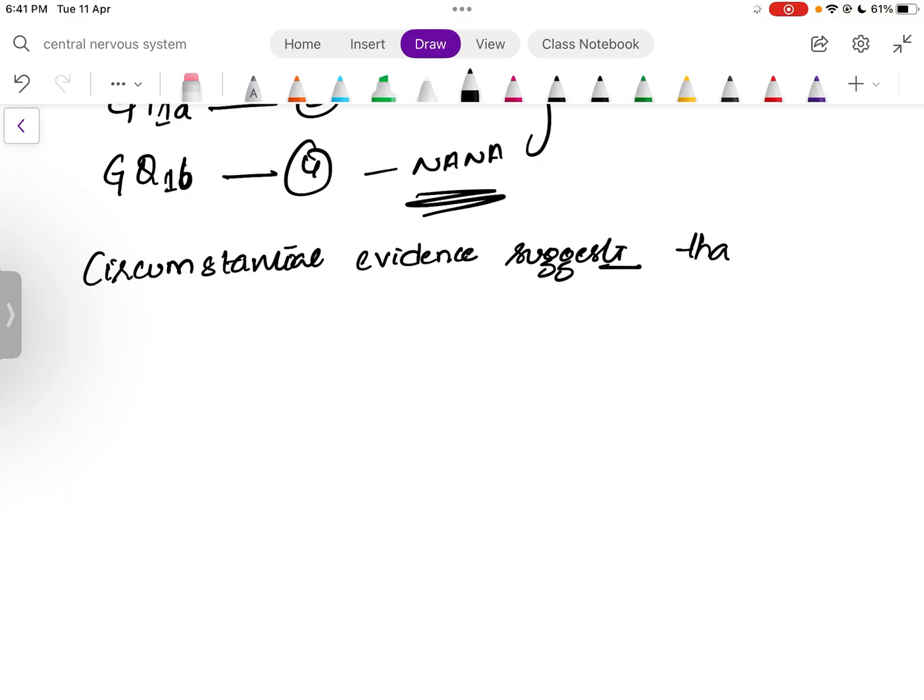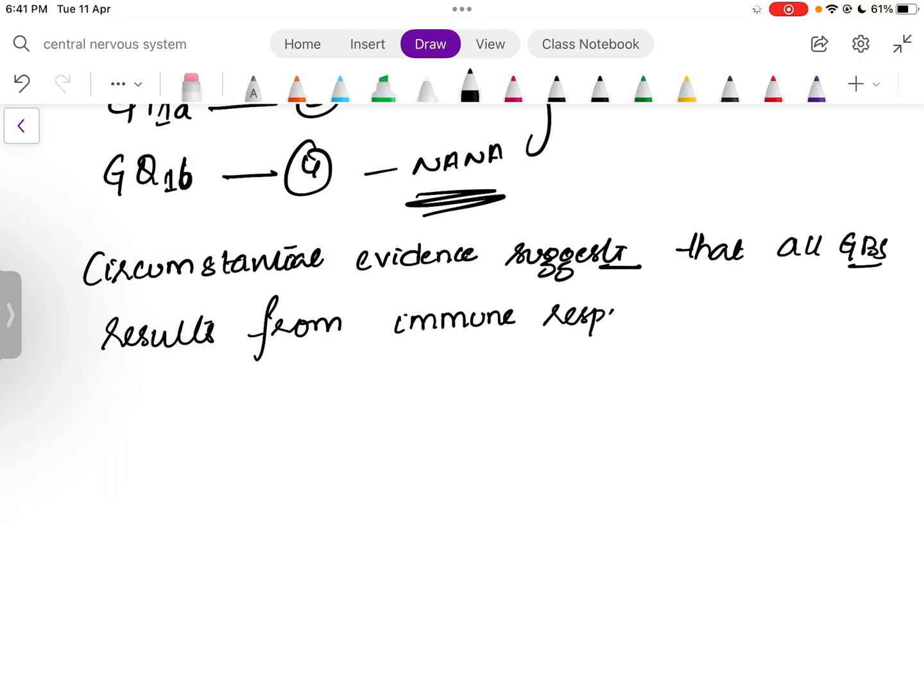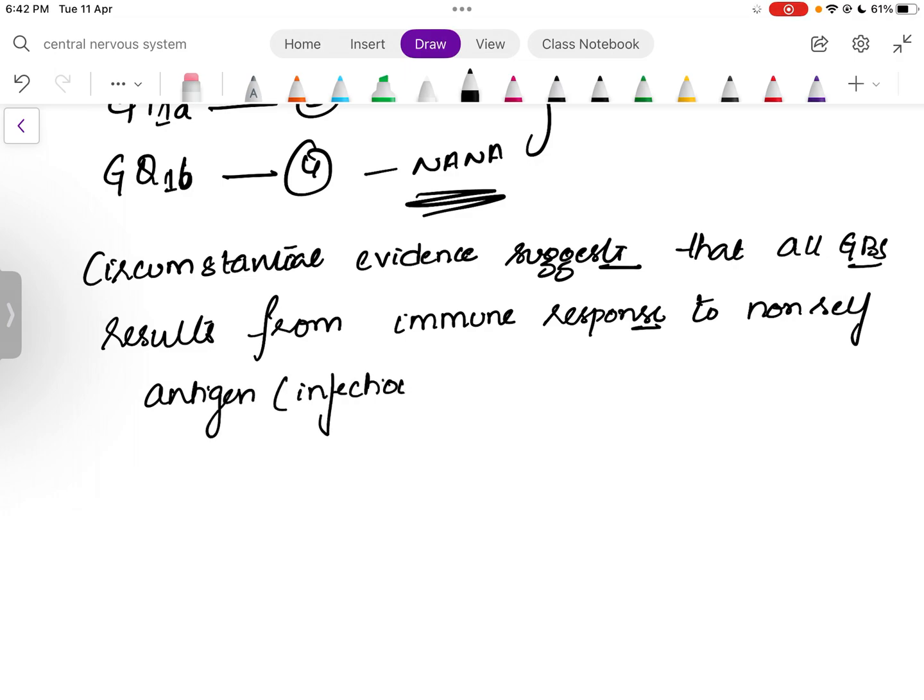All GBS subtypes result from an immune response to a non-self antigen, which can be due to an infectious agent or to vaccines.